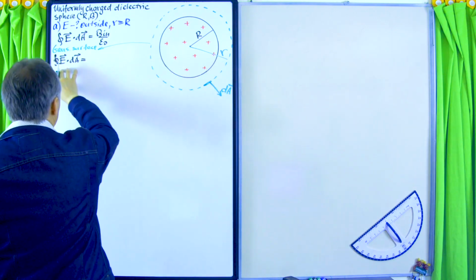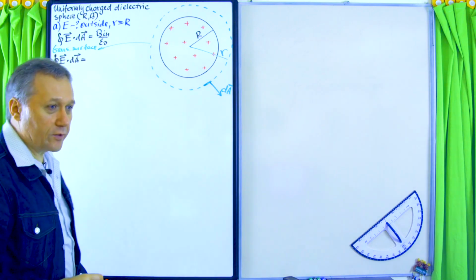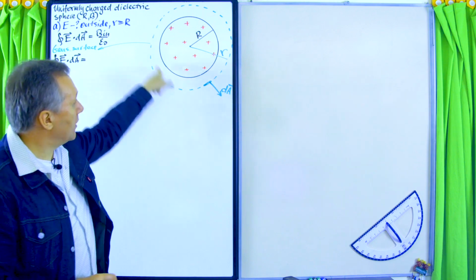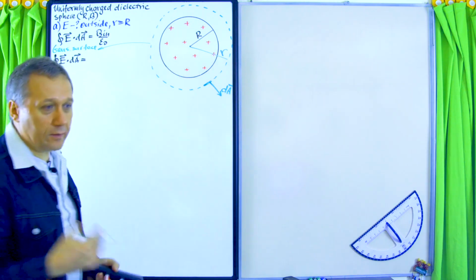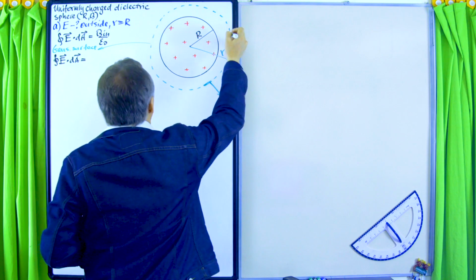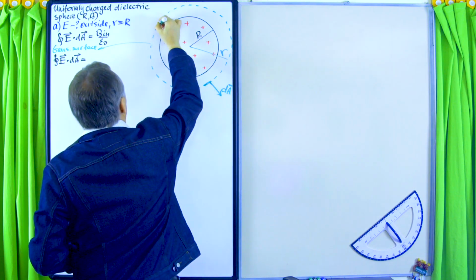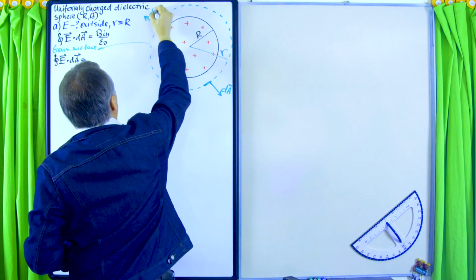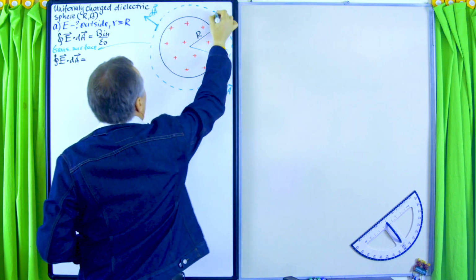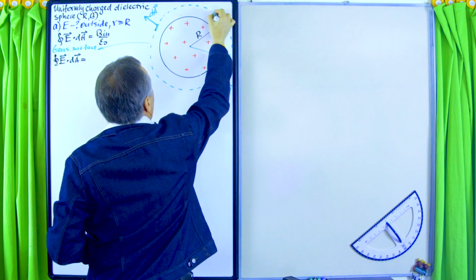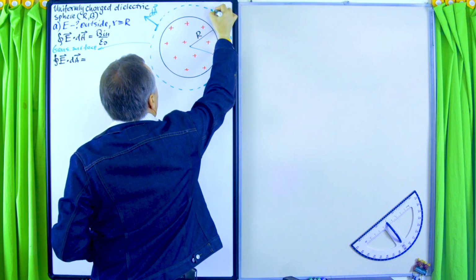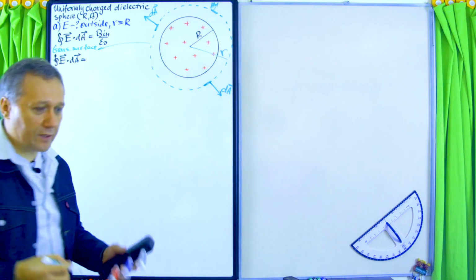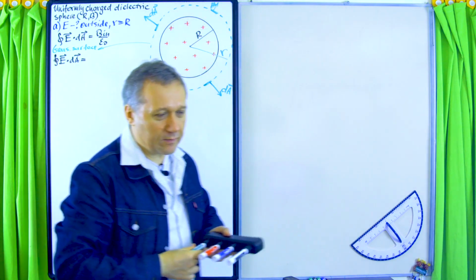Since during this integration we're going to take care of all the patches on this green surface, let me draw a few other vectors on a few other patches. For example, let me take this one. Here will be dA. Over here I can take one. So this is my dA, and so on. Of course, you can draw as many as you want, but usually one or two is enough.